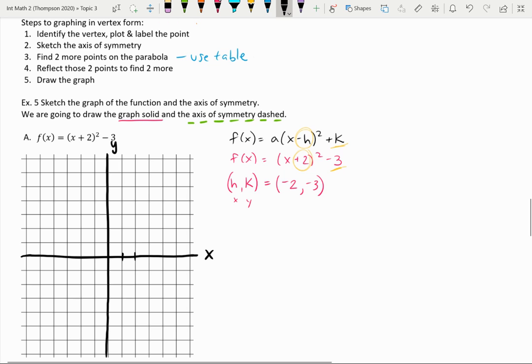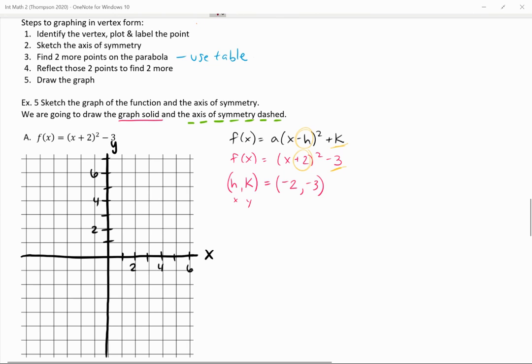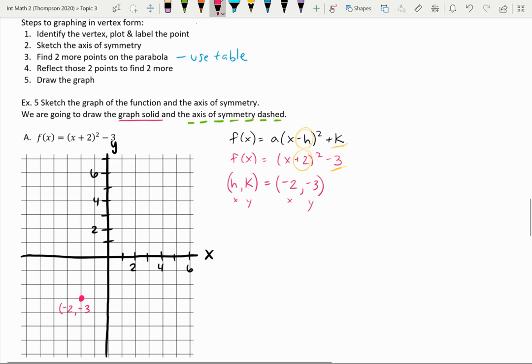So this is 1 and 2, 3 and 4, 5 and 6. So I plot my vertex, negative 2, negative 3. So x is negative 2, so I go left 2, y is negative 3. It asks me to label it, so I'm going to do just that.